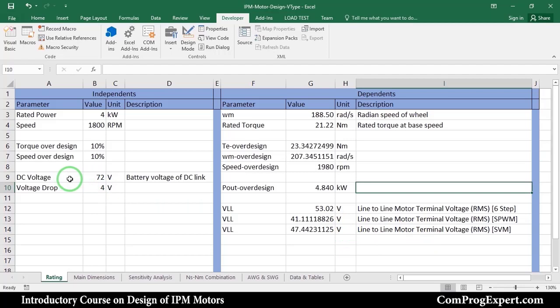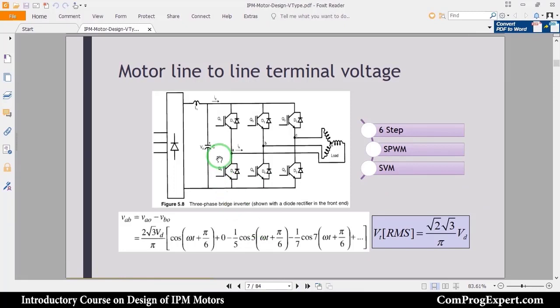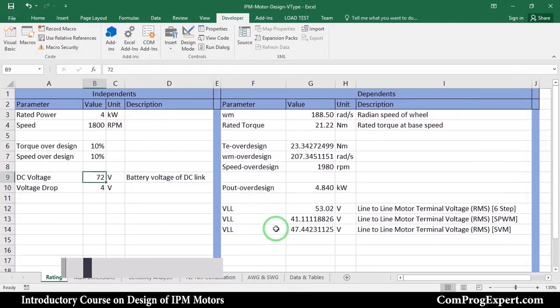So if you consider this voltage as the DC voltage of the battery pack, the voltage of the DC link, and if you consider a 4 volt voltage drop over these elements, over these switches and diodes, you can calculate the line-to-line terminal voltage.